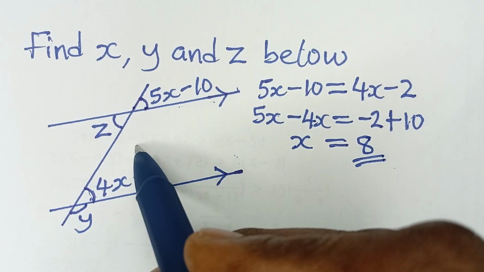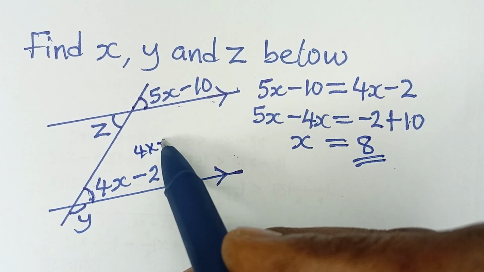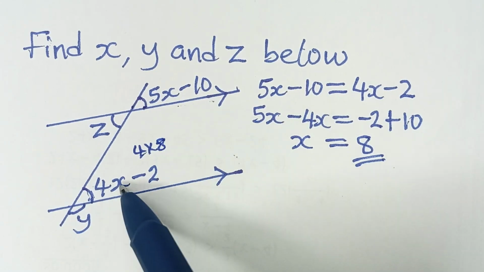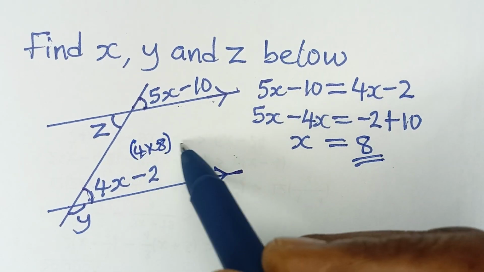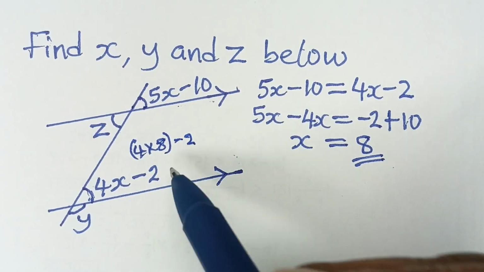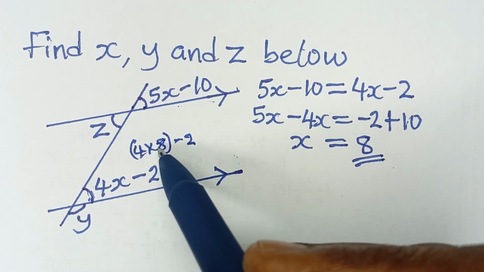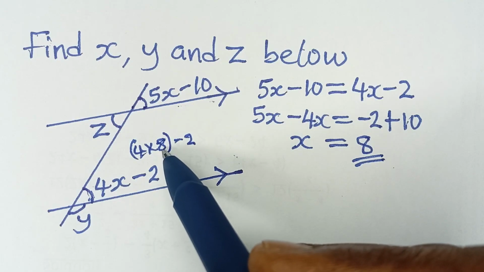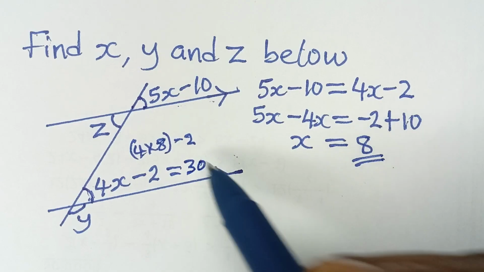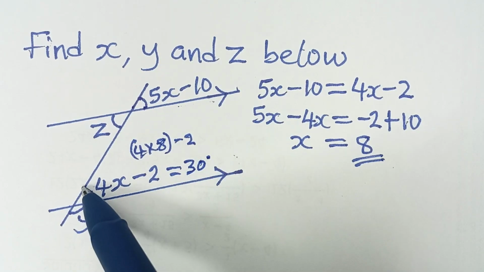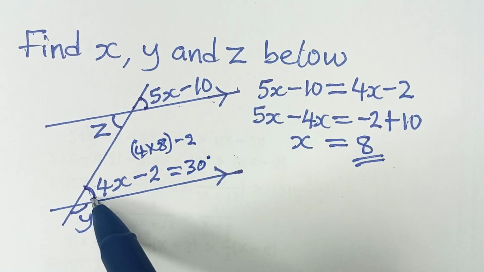So 4 multiplied by x, that is 4 multiplied by 8, and then minus 2. And that will give us 4 multiplied by 8 is 32. 32 minus 2 is 30. So that means that this angle is 30 degrees.